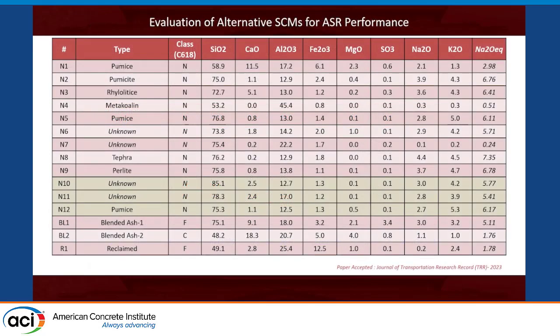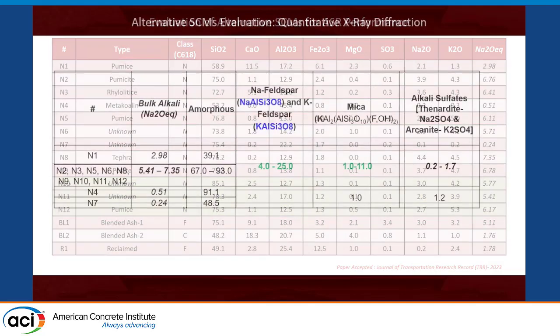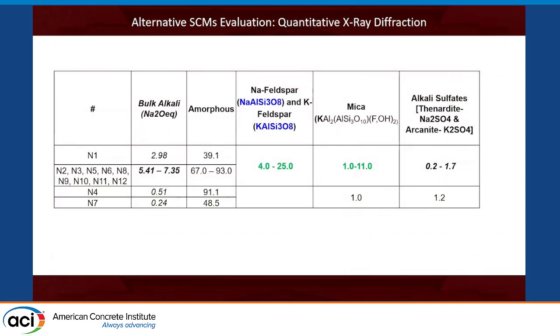Now I use a similar approach primarily for the natural pozzolans. There are 12 natural pozzolans, 2 blended ashes, and 1 reclaimed ash. The good thing is all the natural pozzolans contain a significant amount of feldspar and mica. Feldspar and mica contain potassium and sodium. So those crystalline phases combine the alkali.